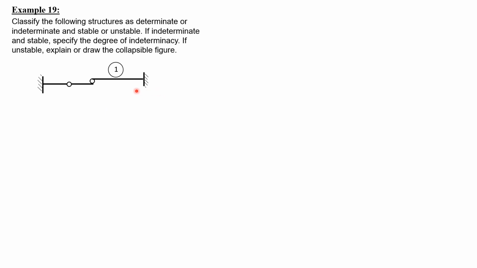So this is the first figure. This is a beam. We have continuous beams here. If we look at the situation, there will be no movement along the horizontal because if you apply a force, there will be horizontal components of reactions that will prevent moving along the horizontal.